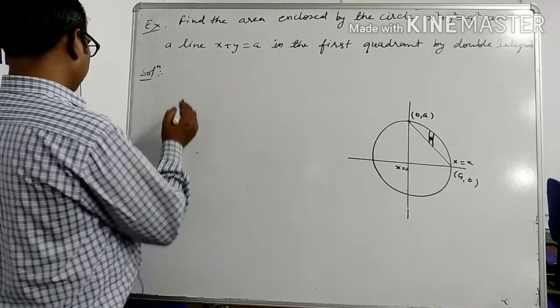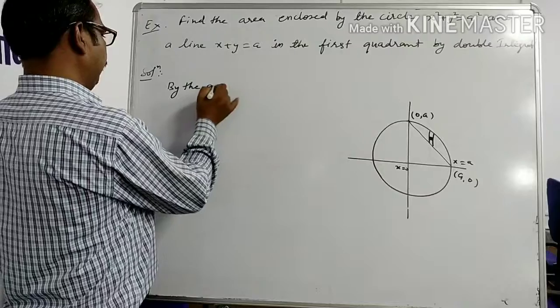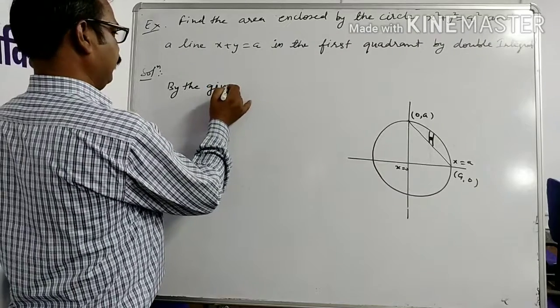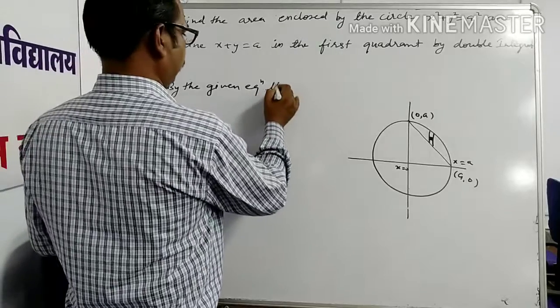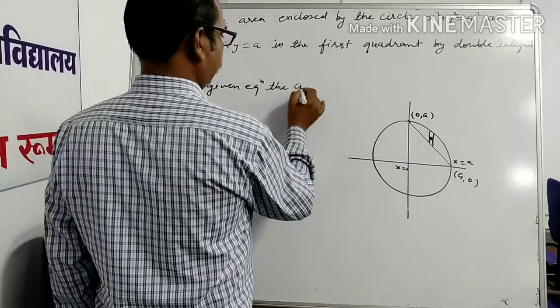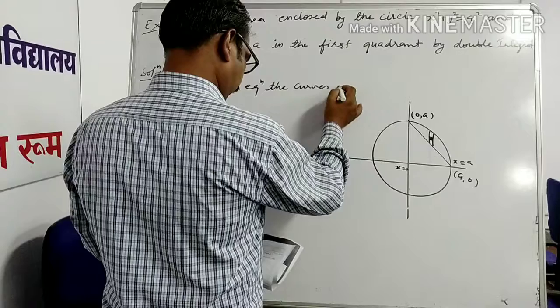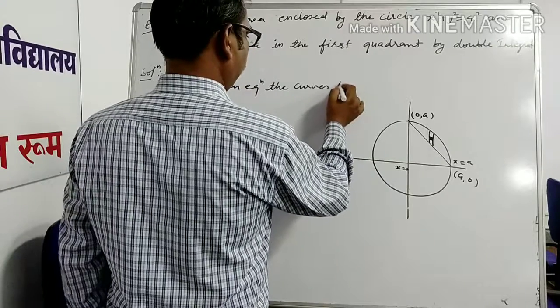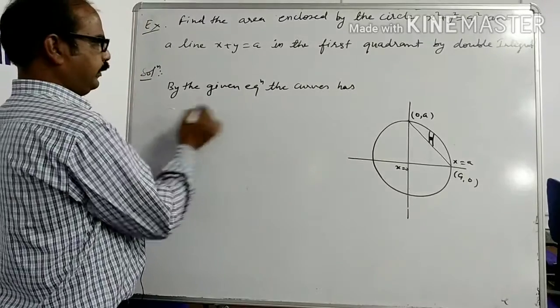By the given equation, the curves have two intersection points.